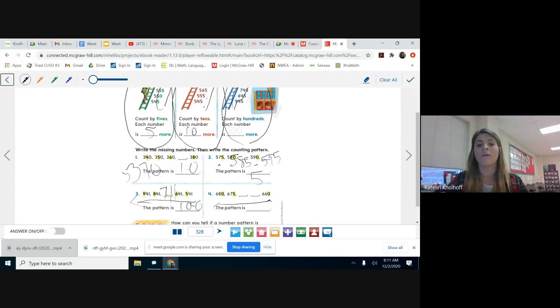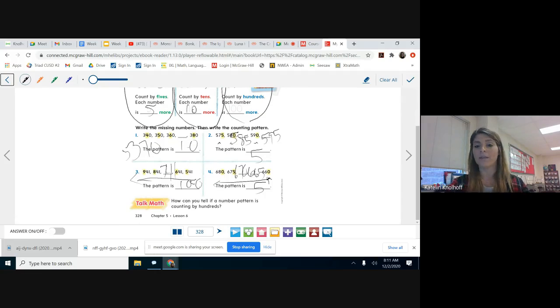So let's start at 660 and skip count by 5. 660, 665, 670, 675, 680. Okay? And the pattern that we are skip counting by was 5. Again, I know this can be very tricky. What you're going to try to do is look for the pattern to help you.